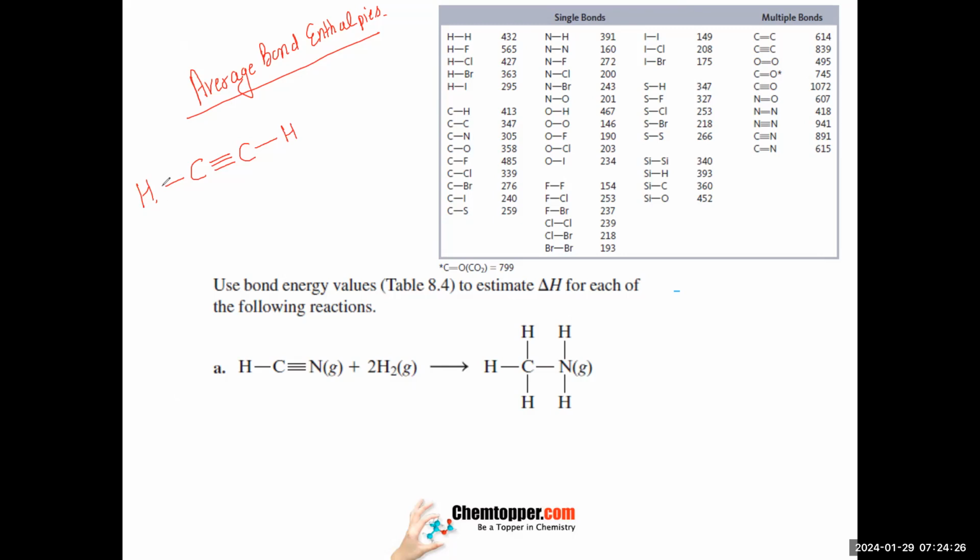So, this carbon hydrogen bond, and if I take another one, this carbon hydrogen bond, you can see that they should be different. They are not identical.